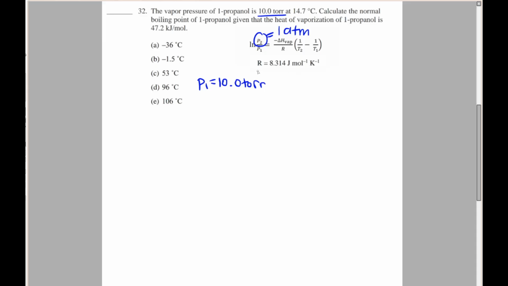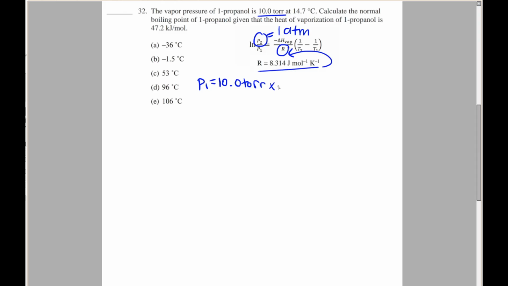But as we can see, this R constant that we have to plug into this equation is in a different set of units. It's J over mole times K. So we have to convert this 10.0 torr to whatever is going to cancel out with the units of the other parts of the equation, namely R. There's a handy conversion given on your equation sheet, where it says that 1 atmosphere of pressure is equivalent to 760 torr.